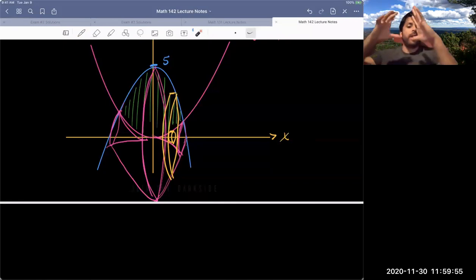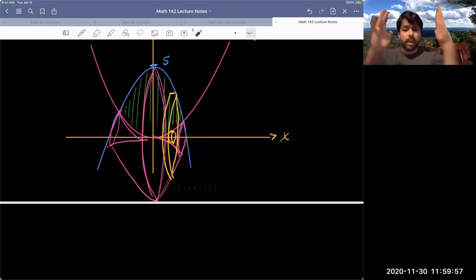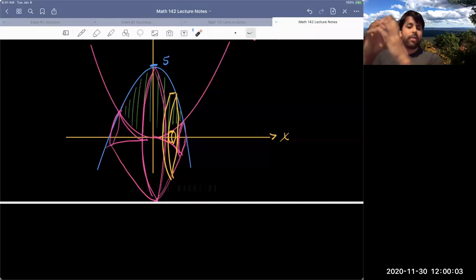And then if I approximate the volume by summing up all these annular rings, and I make them as thin as possible, find a limit as n goes to infinity, then I'll get the integral. And then we have what's called the washer method, because people call these annular rings washers as well.